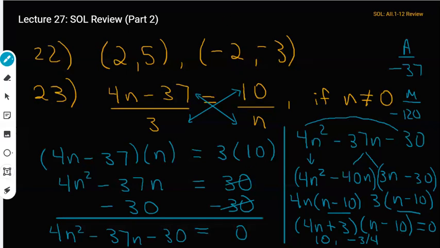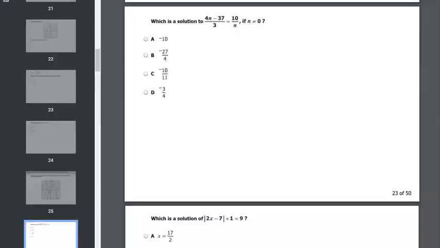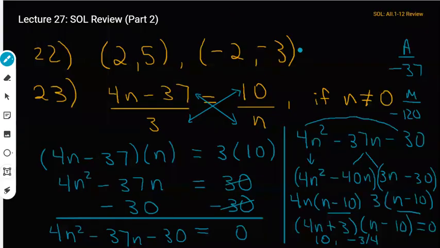Let's see if that actually shows up. 10 and negative 3 over 4. That shows up with D. It wouldn't be A because our 10 is positive, right? So that would not work. D, negative 3 over 4.